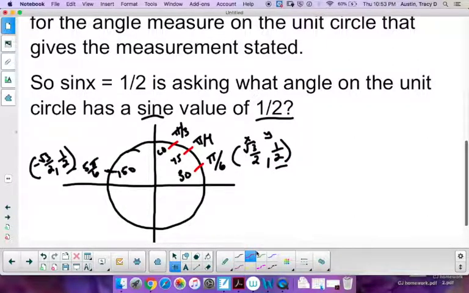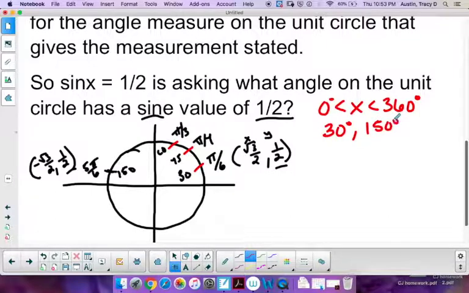So we have two different ways that we can answer this question. If you are being asked to find degrees, find the x's that are between 0 and 360. In that case, my answers would be 30 degrees and 150 degrees. But we can also ask for this in radians.